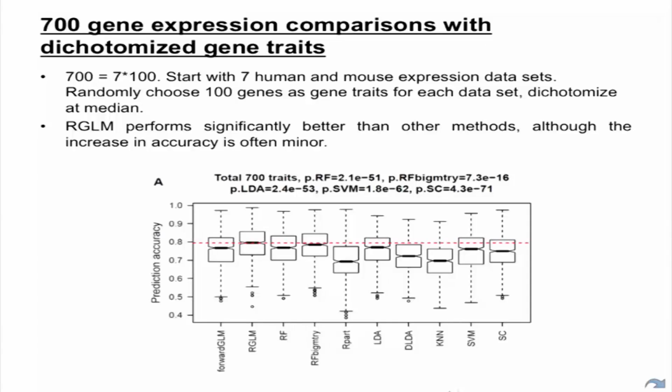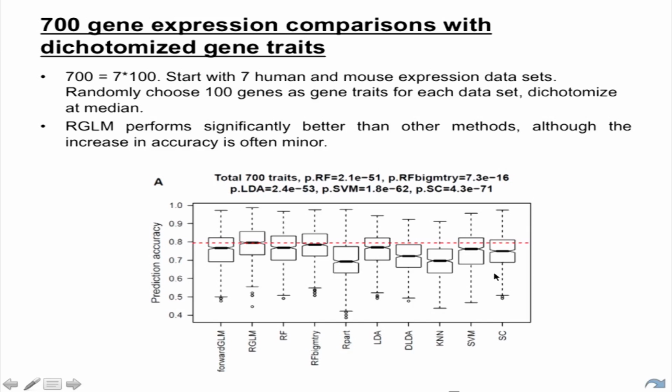And so let's once and for all settle which method is best by looking at these dichotomized gene traits, where, as I outlined earlier, we started with 7 human and mouse expression data sets and randomly selected 100 gene traits. And here are the box plots of prediction accuracy versus different methods. So it's no surprise the random GLM is the most accurate predictor.